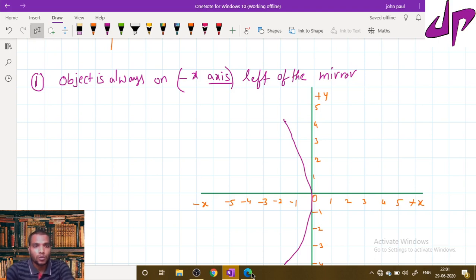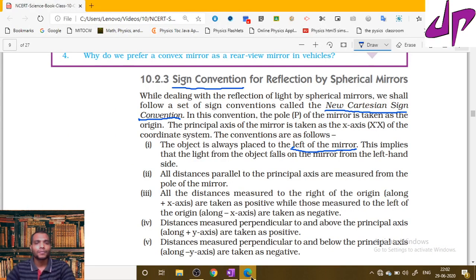Simply remember, the object should always be kept on the negative x-axis side. We cannot keep the object on the positive x-axis because of the Cartesian sign convention.